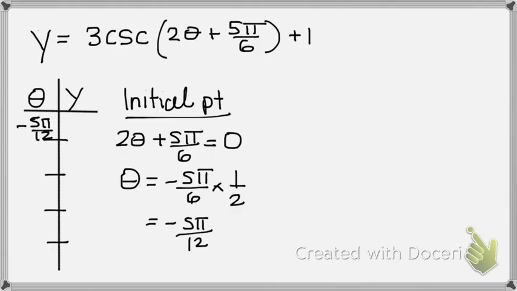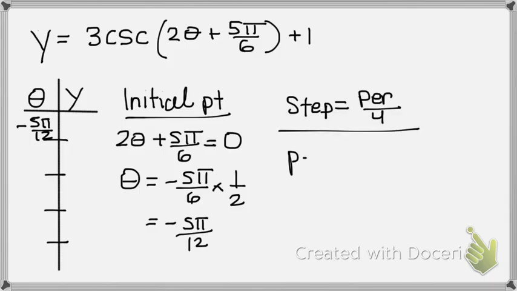And then we need our step, right? And the step is equal to the period over 4. And on these, the period is always 2 pi over the leading coefficient of the argument.